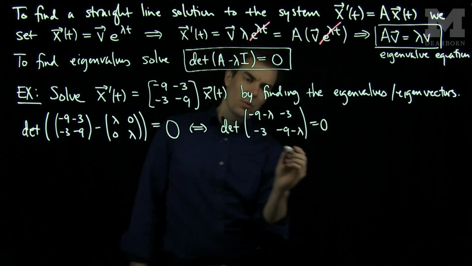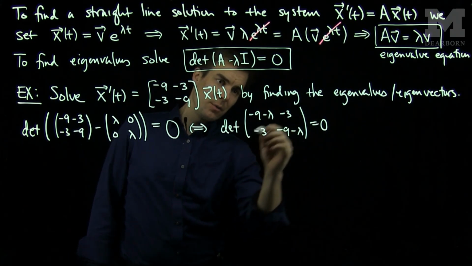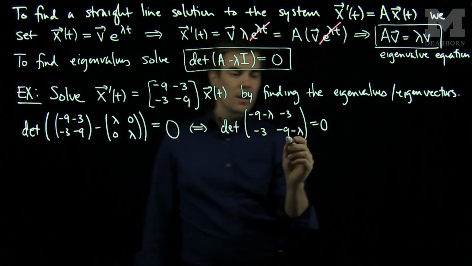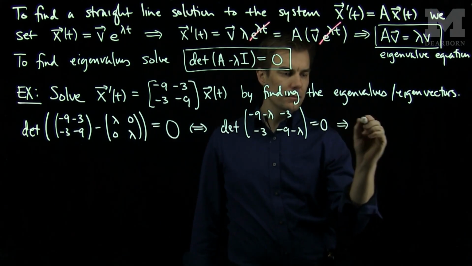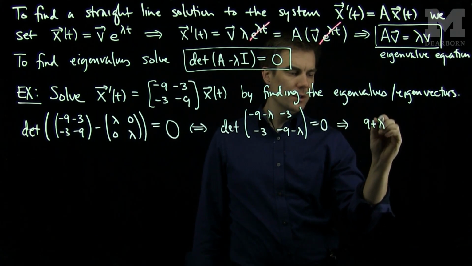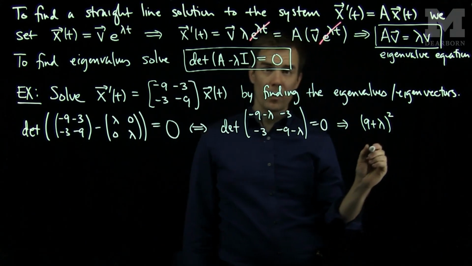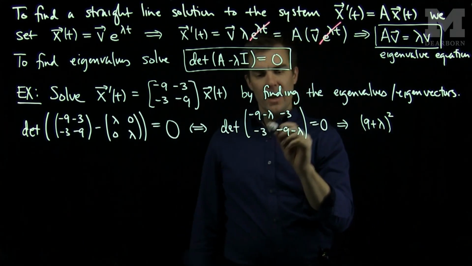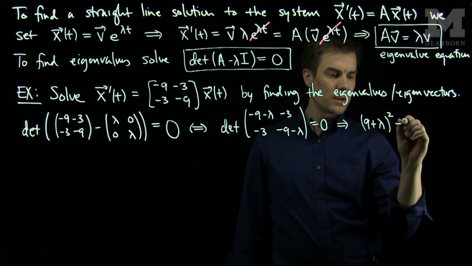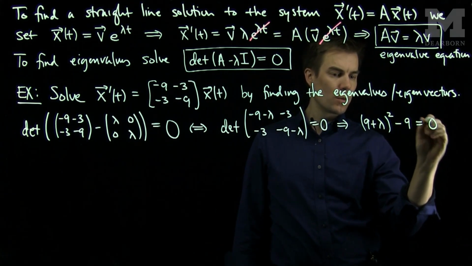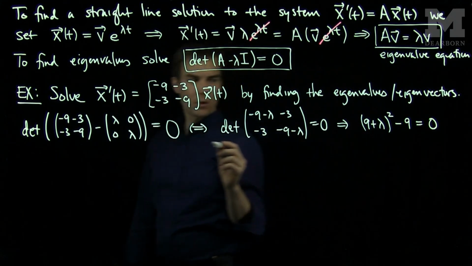To do the determinant, we multiply the diagonal entries and we subtract off the product of the off-diagonal entries. If I multiply the diagonal entries, I will have 9 plus lambda quantity squared. And then I'll have a negative, negative 3 times negative 3, so that will be a negative 9, equals 0. And we can solve this equation.